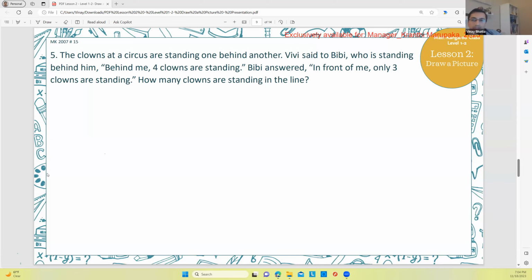Can you draw it for us so all of us can understand? How did you solve it? Draw it on the screen, use a pen, draw circles or crosses for the clowns, whatever you prefer.